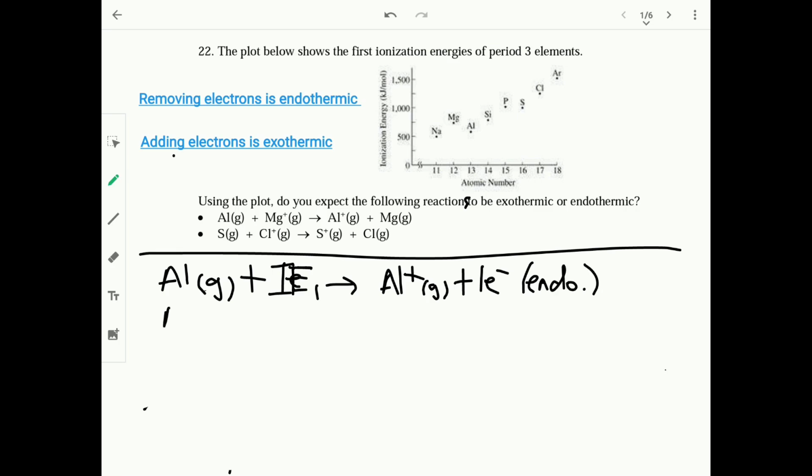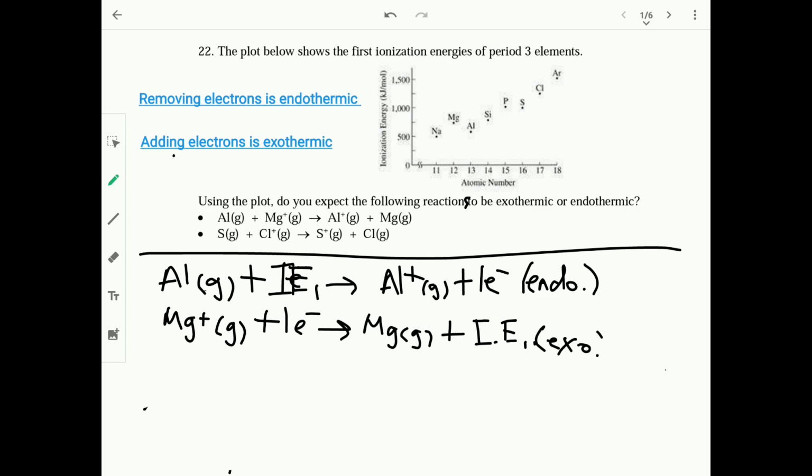And for the second one, Mg plus gas plus 1 electron to give Mg gas plus ionization energy 1, and this would be exothermic, right? Now if we compare the energies, we see that Al, if we draw the line, is approximately, let's give it a value of around 600 kilojoules.